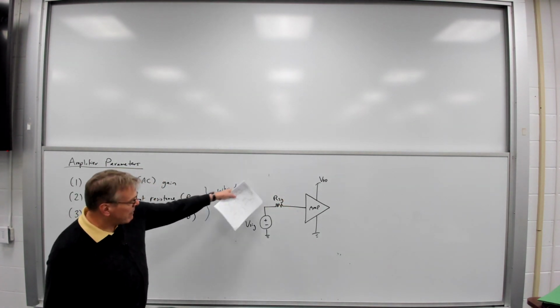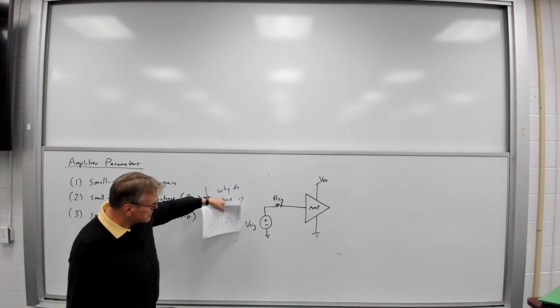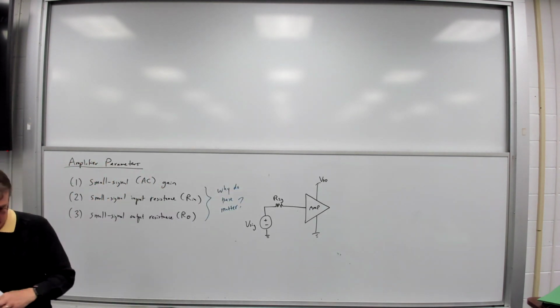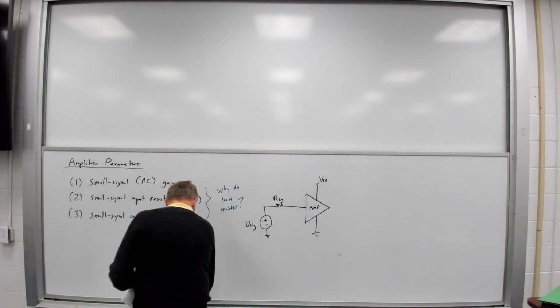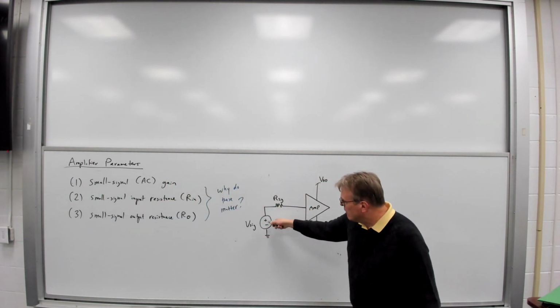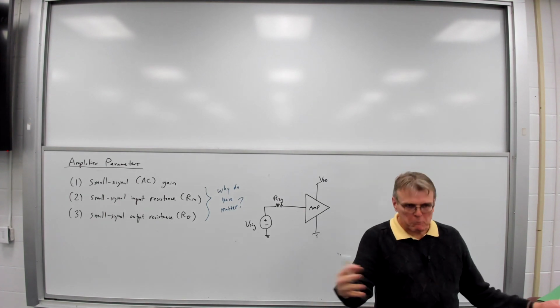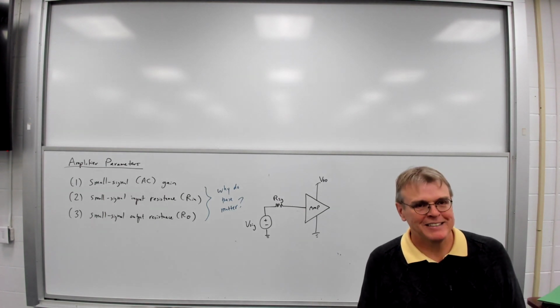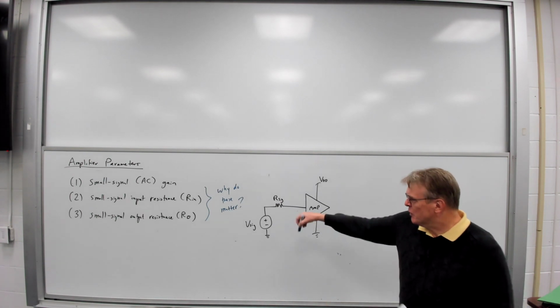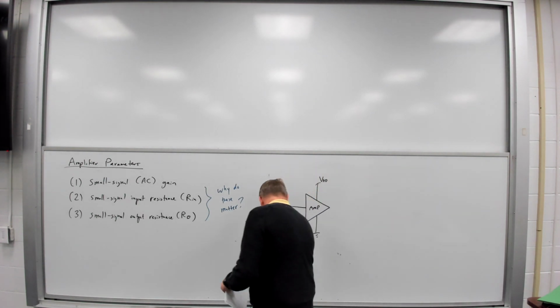So I'm going to say that my input circuit is a signal voltage in series with a signal resistance. Now, why did I drive it this way? What does a voltage source in series with a resistor represent from 2112? It's a Thevenin equivalent. Isn't this a Thevenin equivalent circuit? That's exactly what this is.